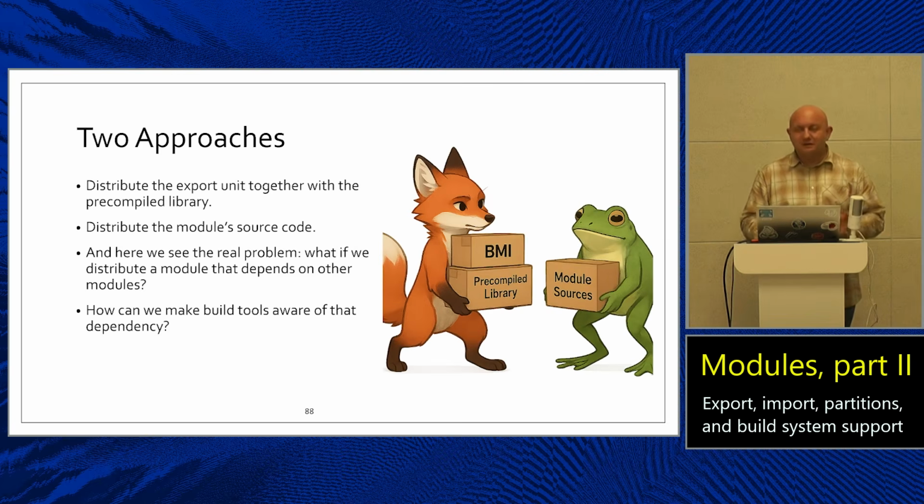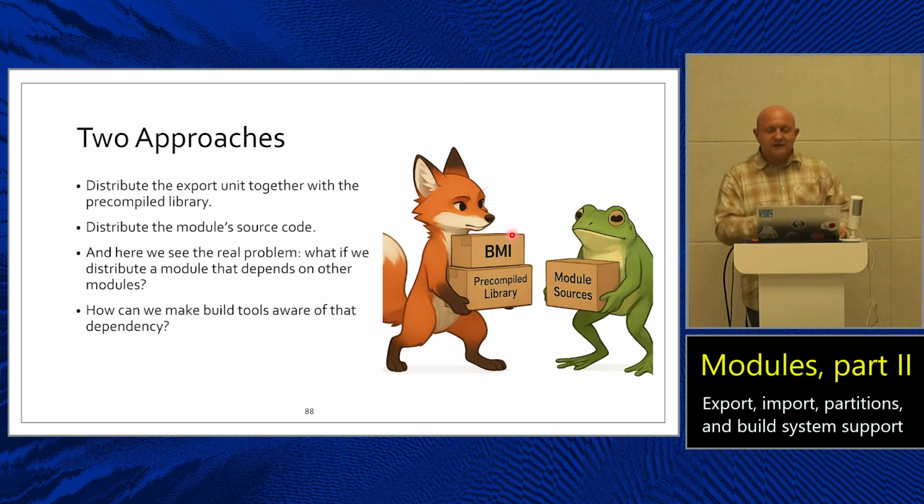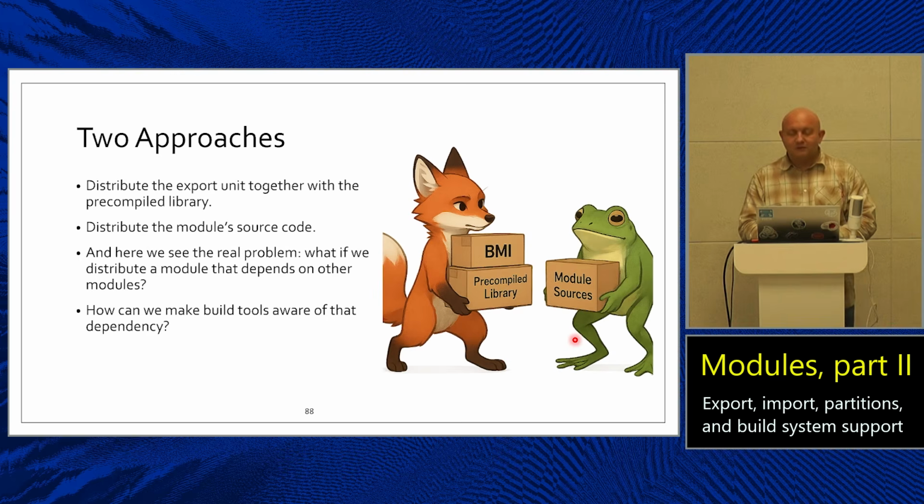Basically, realistically, we have two options. First, distribute the export unit together with a precompiled library. Basically, give people your library, static or dynamic, and along with it, a BMI source that describes the exported interface. And second, distribute the full source code of the module itself. So everyone builds their own BMI locally, using their own compiler.